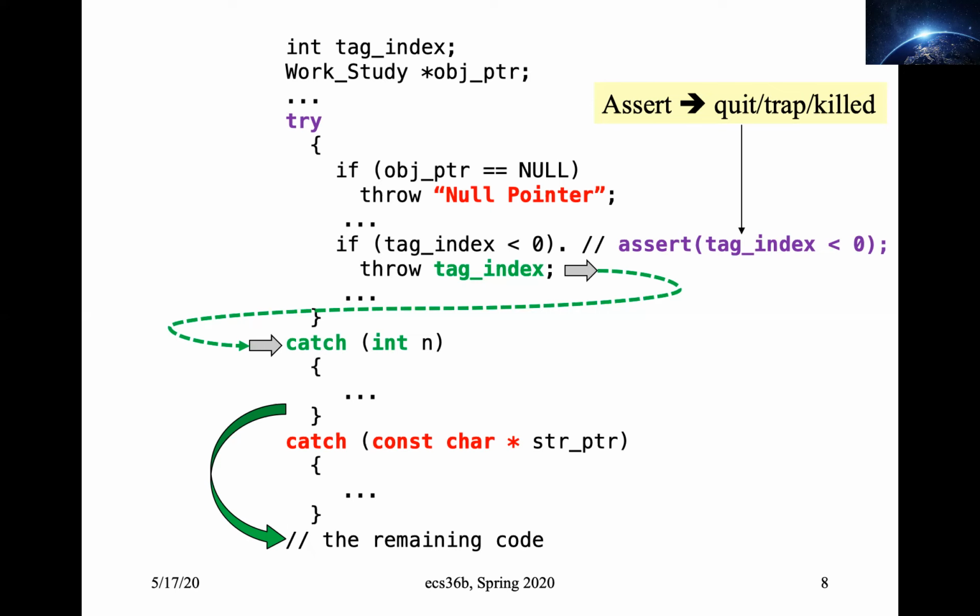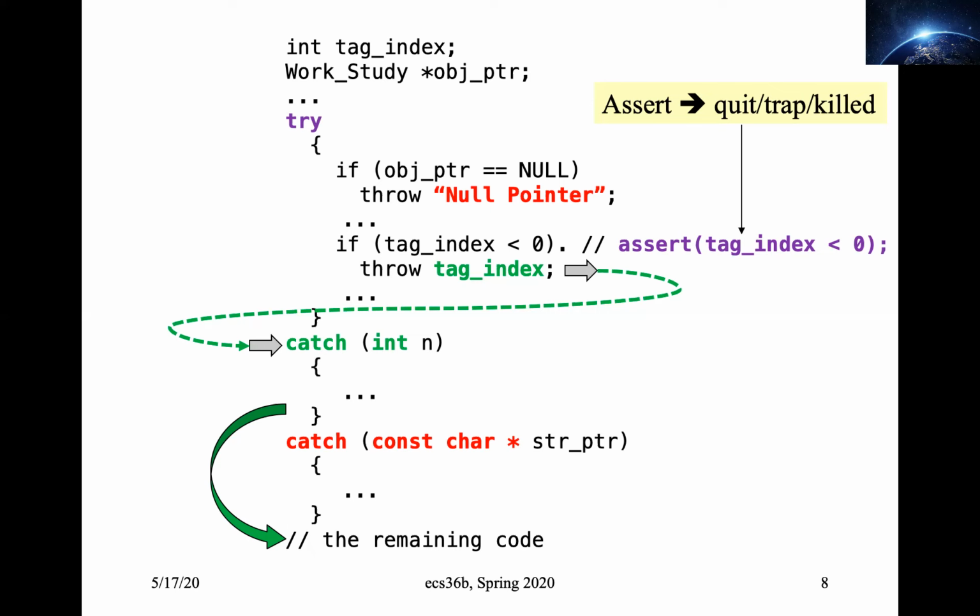We call it an exception handler. An assertion is essentially when you have assert, I'm going to generate a trap. So it generates something outside the control of your program to let, for example, the operating system handle that kind of trap, or even kill the program. The program might just die if you have an assertion.